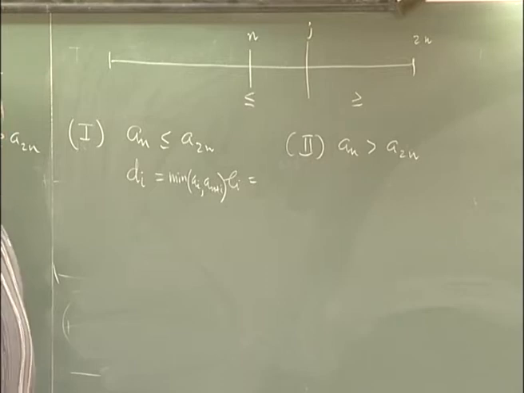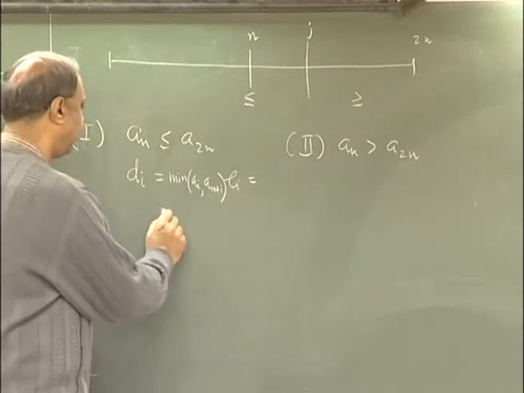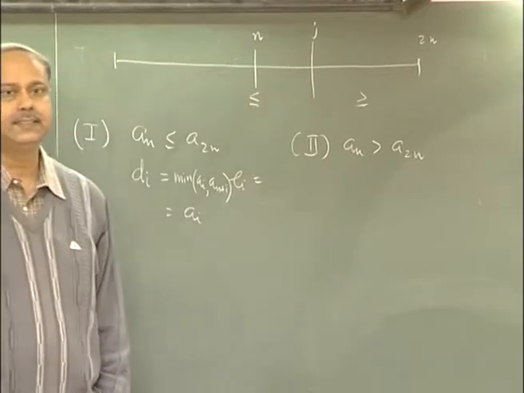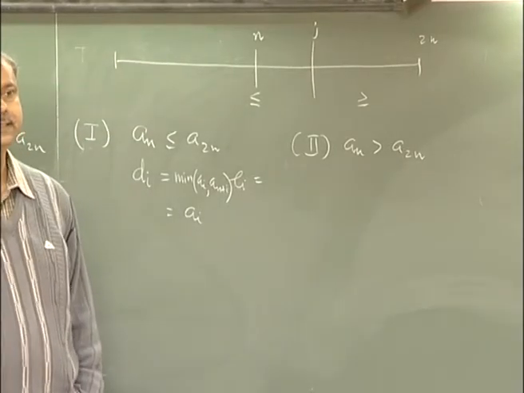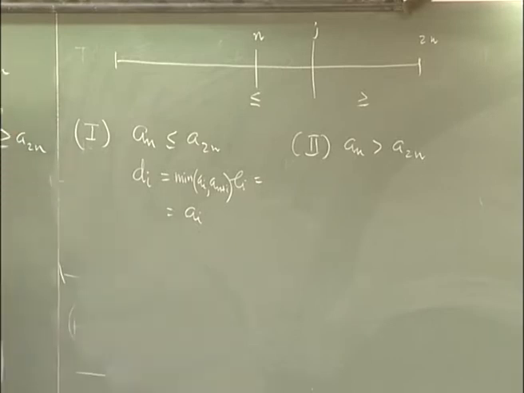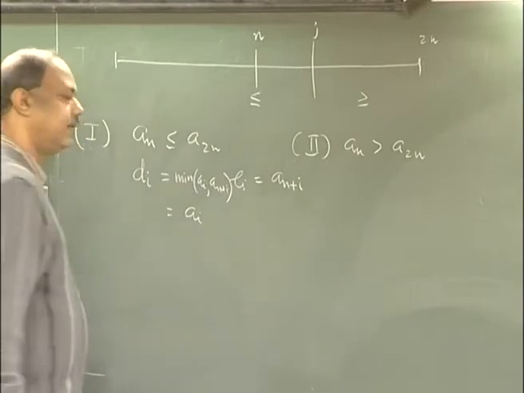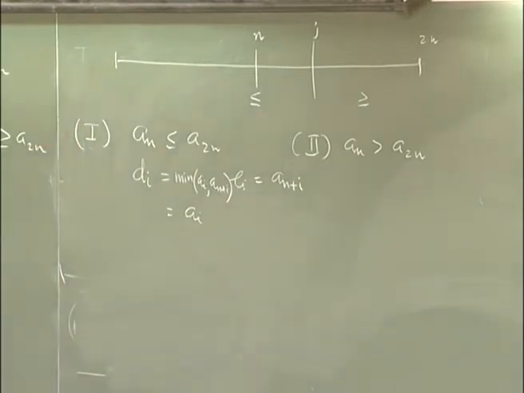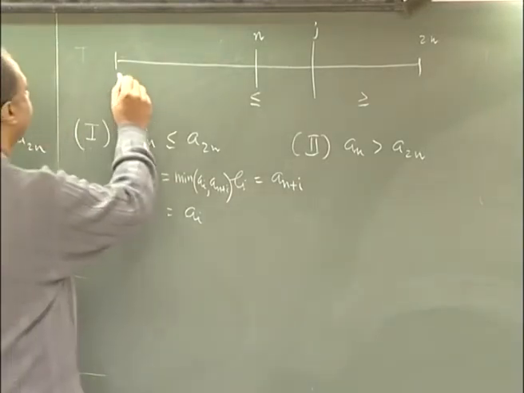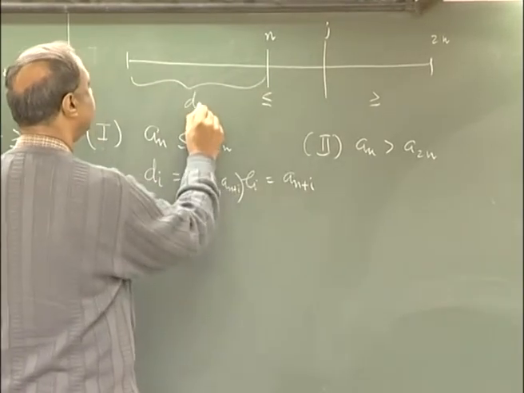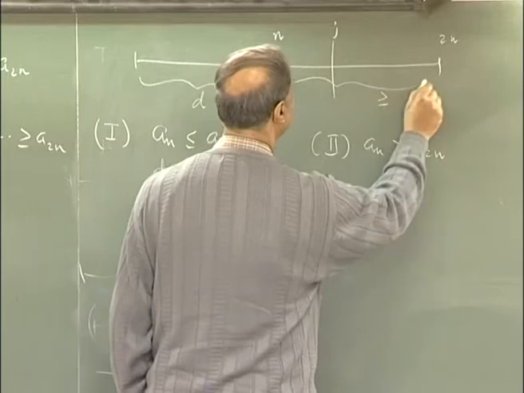There is no ambiguity, yes. So I can write di is ai, and what is ei? An plus i. Agreed? Basically, this becomes your D sequence, this becomes your E sequence.